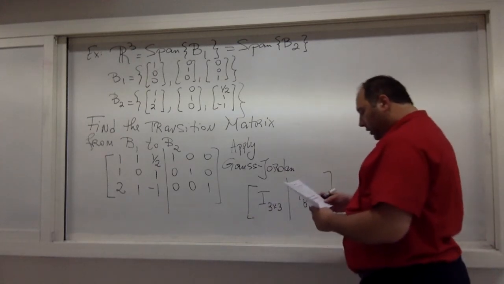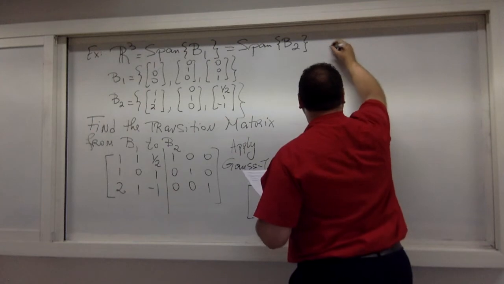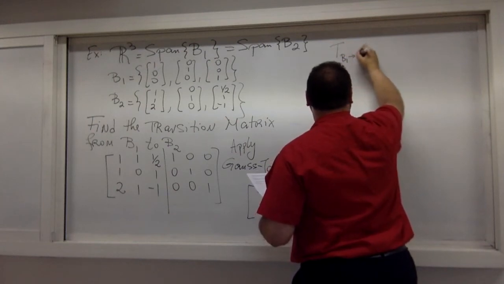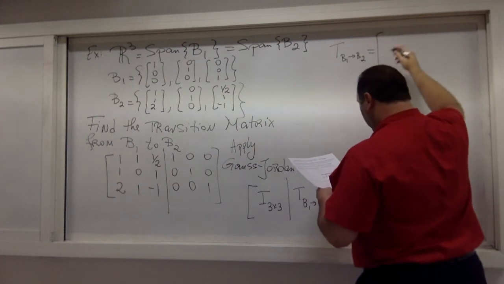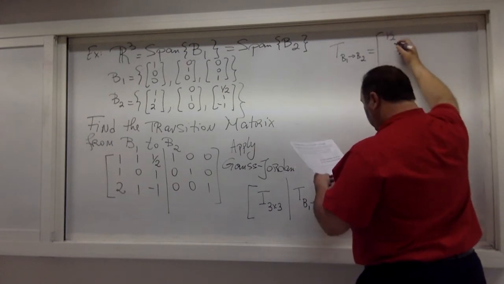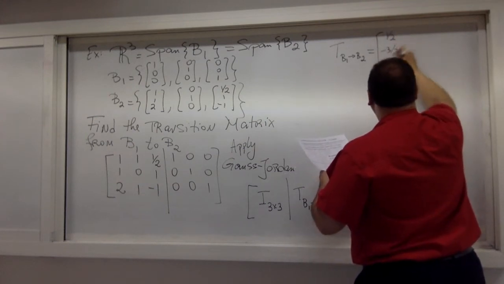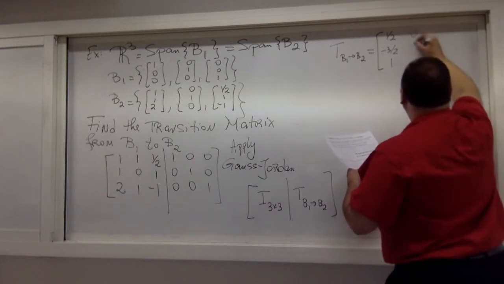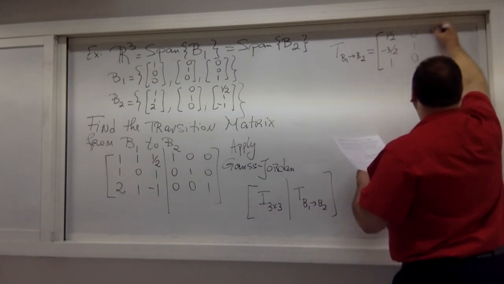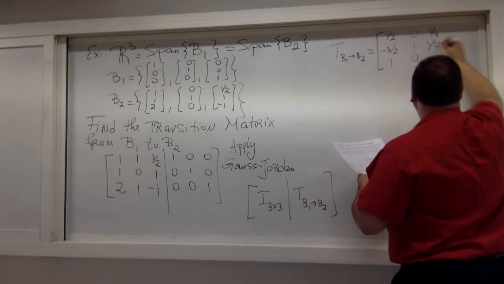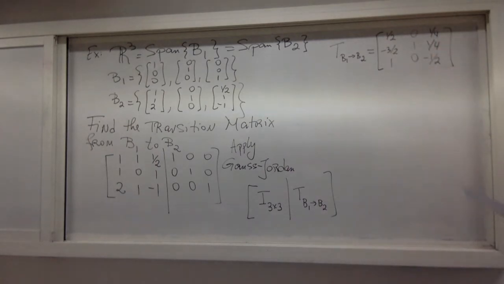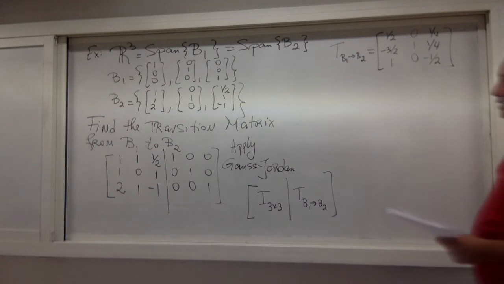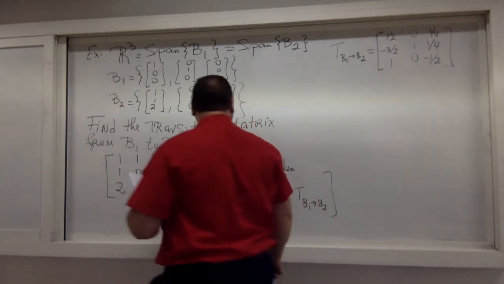So once you do all this, the transition matrix from B1 to B2 is, well, I computed that, 1 over 2, negative 3 over 2, 1, 0, 1, 0, 1 over 4, 1 over 4, and negative 1 over 2. So this is the transition matrix from basis B1 to basis B2.